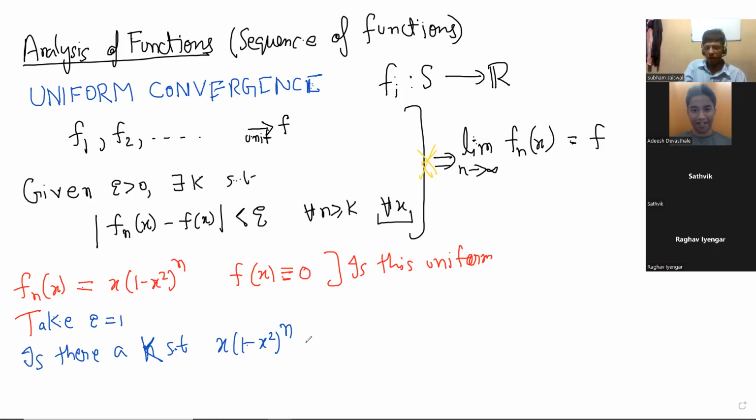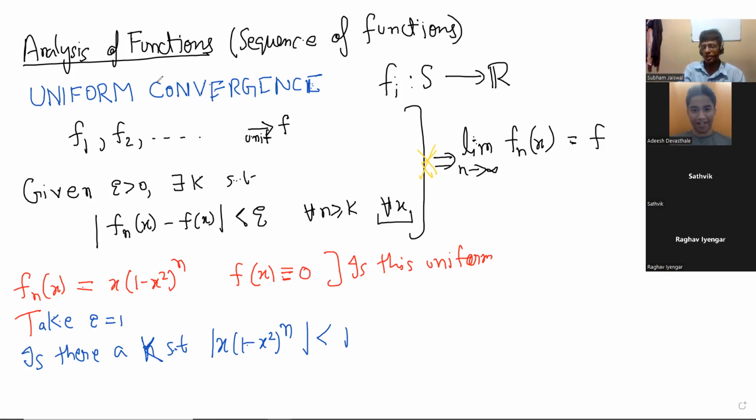Can you find a k? Well, there is nothing to find. It's always less than 1. So epsilon equal to 1 is okay, that test is passed. We need to show that for any epsilon, the test has to be passed.